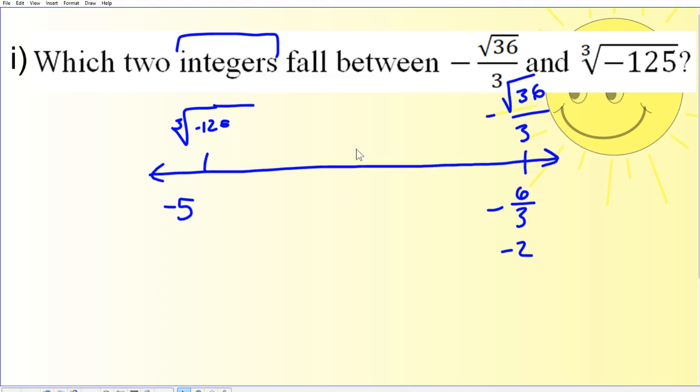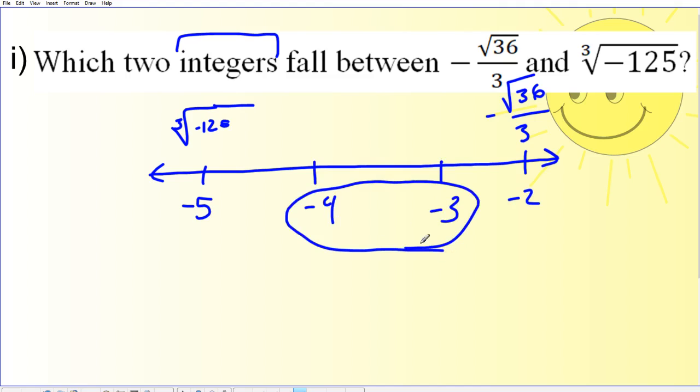Because negative 5 is smaller, negative 2 is bigger. So now the question was, what two integers fall between here and here? Well, what's between negative 2 and negative 5? Well, we've got negative 3 and negative 4. Those are the two integers between those two values, negative 3 and negative 4.